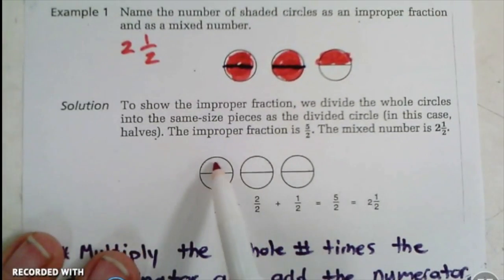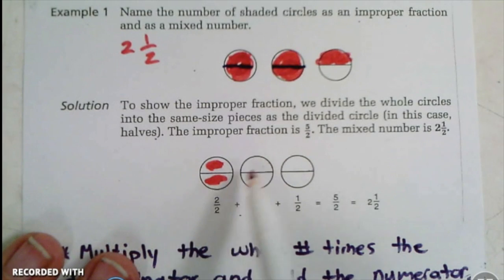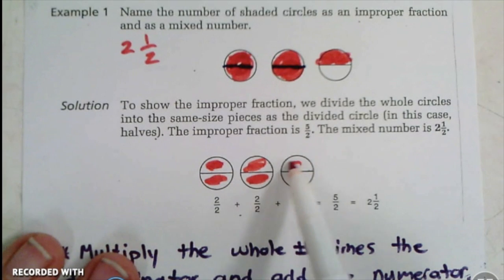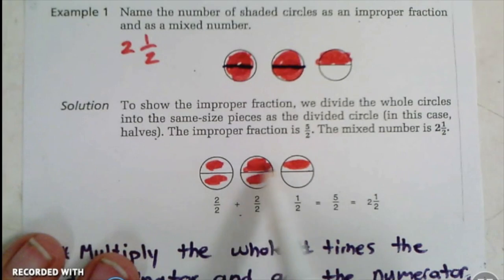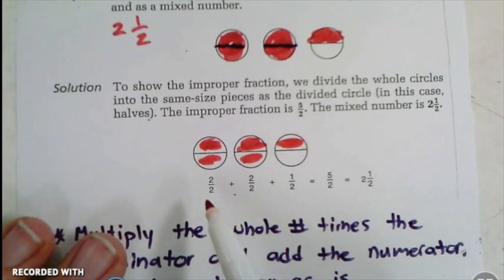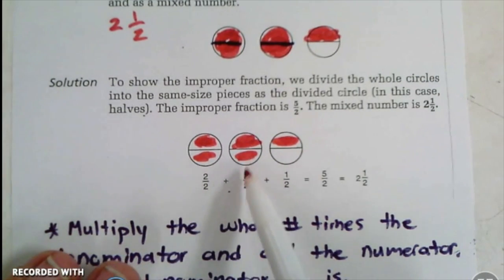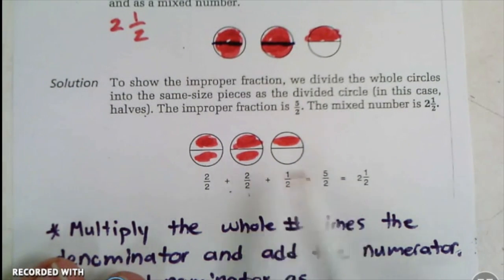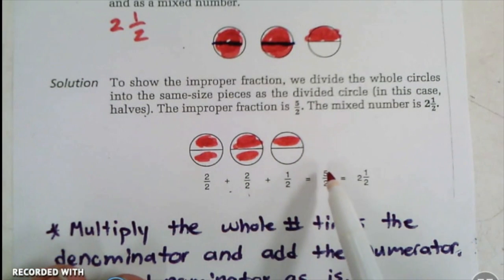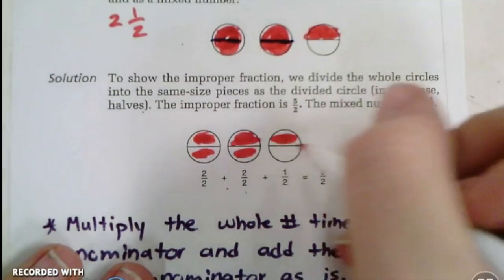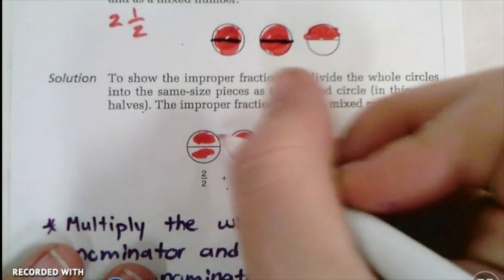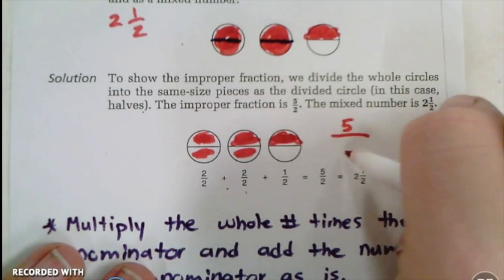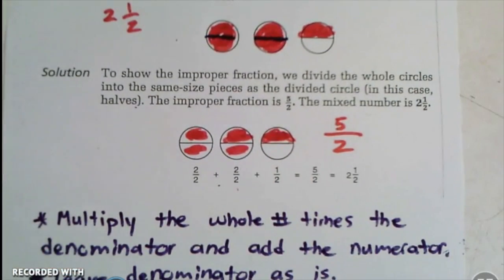And then I'm going to count how many there are. So there are 1, 2, 3, 4, 5 halves, or as this is shown down here, 2 out of the 2 plus 2 out of the 2 plus 1 out of the 2 equals 5 out of the 2. Okay, so here we would have 5 over the denominator of 2.